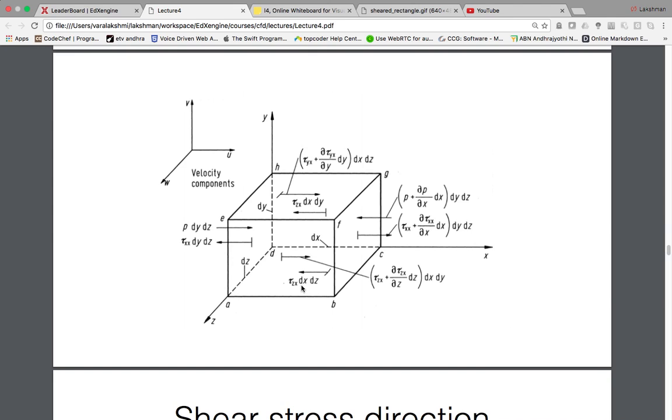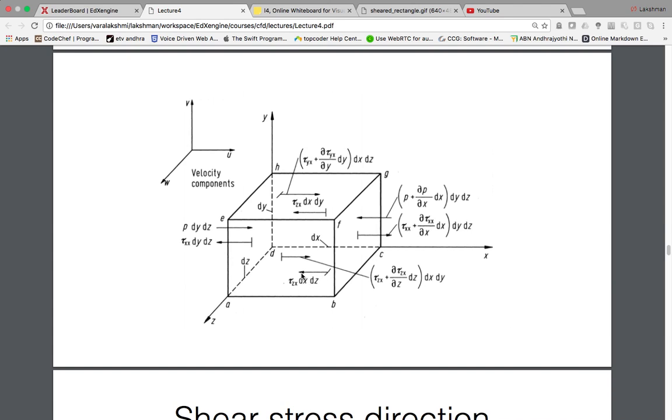This is wrong. It is tau y, because A B C D is the plane and its normal vector points along the y direction. This must be tau y, and the shear force is pointing along the x direction. It doesn't matter whether along positive x or negative x. While we are writing tau yx, it's just the convention. So this must be tau yx. This is not zx. This is wrong.